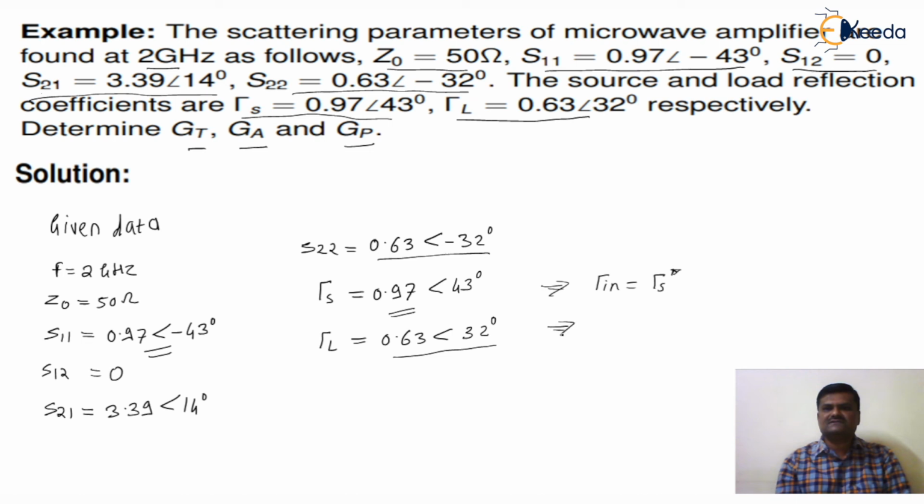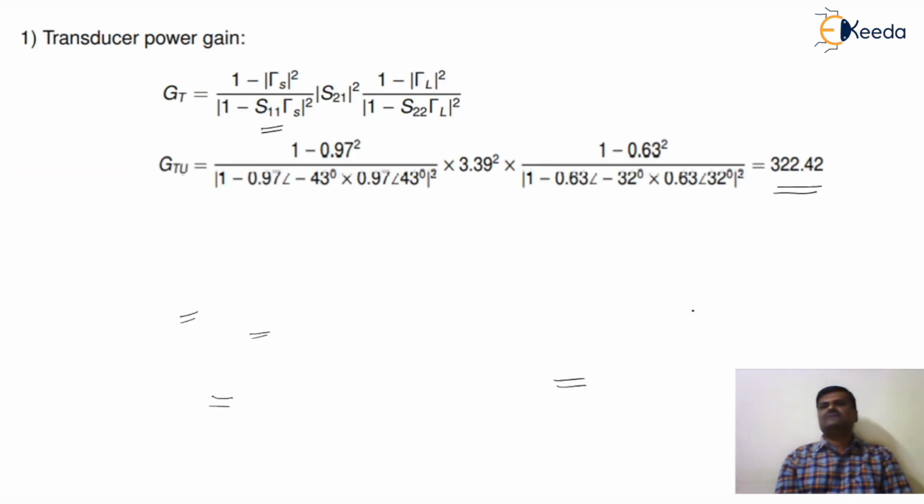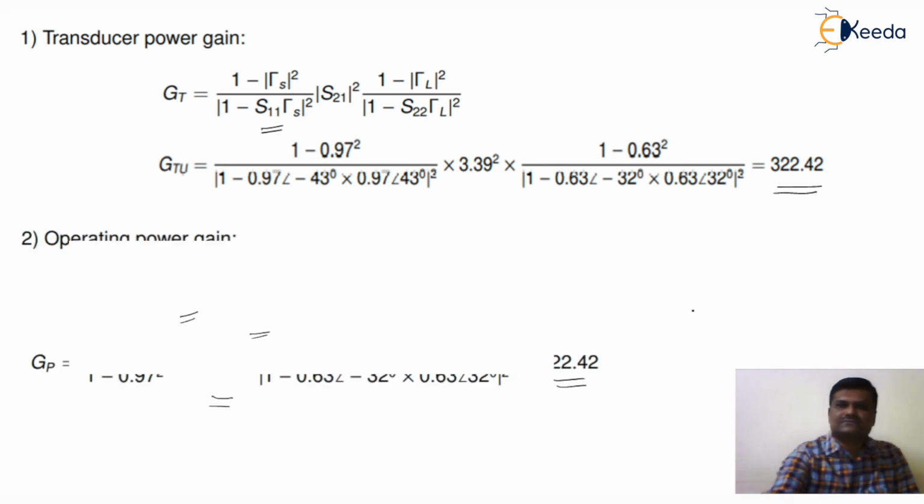So gamma out equals the complex conjugate of gamma L. Because of this condition, all the power gains have the same value, that is 22.42. Thank you.